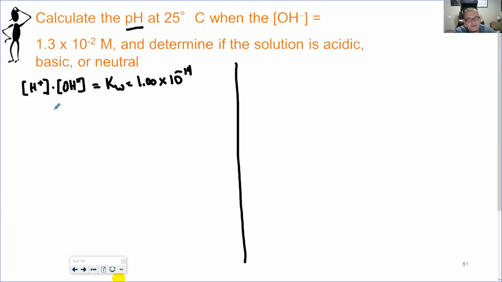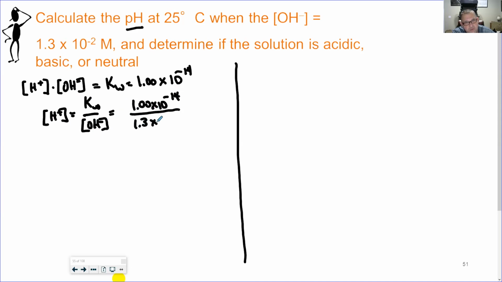So from that, I could find out that the H plus is equal to Kw divided by the OH minus. And the Kw is 1 times 10 to the minus 14th. And the OH minus, we said in this problem, was 1.32 times 10 to the minus 2. So we'll just find out what that equals.